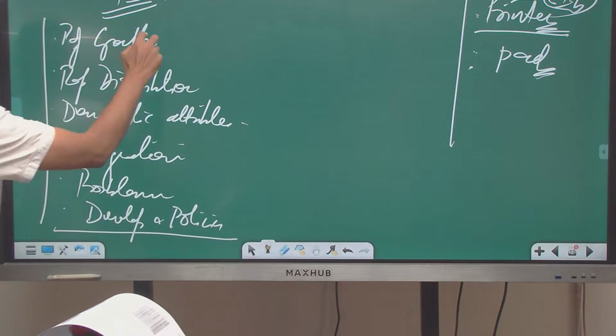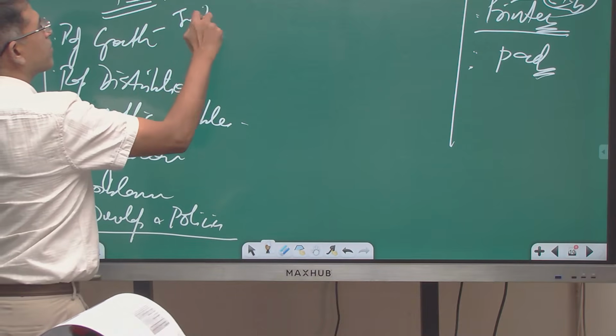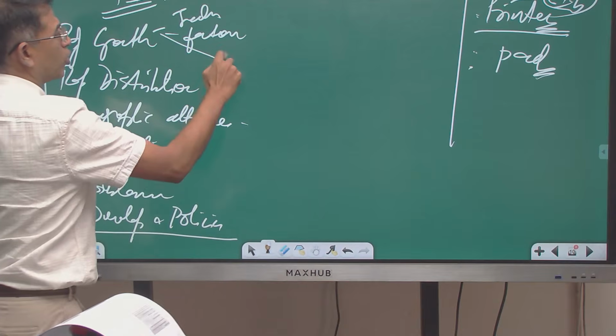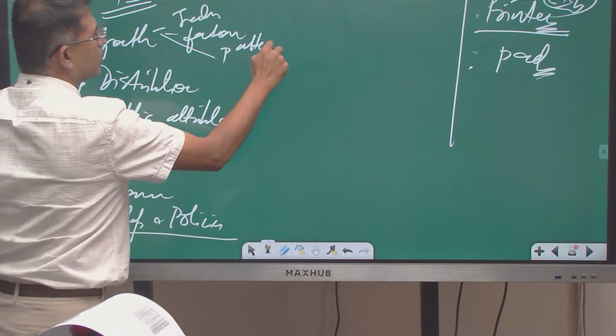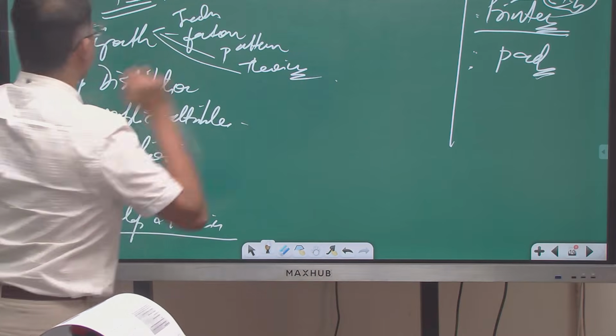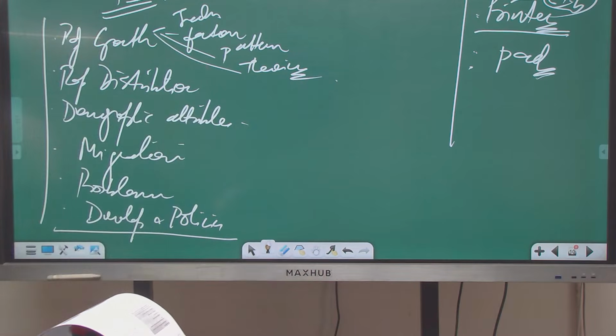Growth: trends of growth, factors of growth, patterns of growth, theories of growth. Growth of population, then population distribution, where people live.